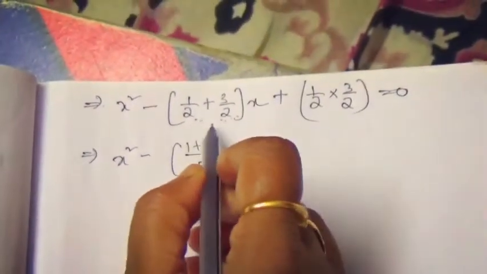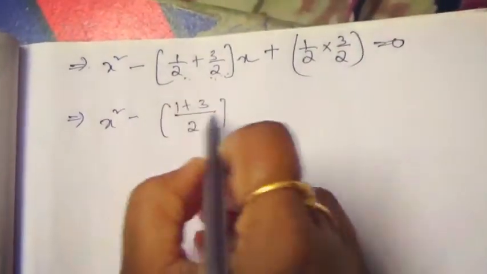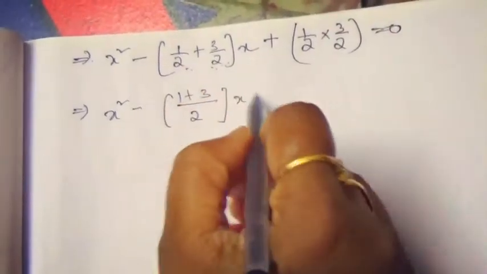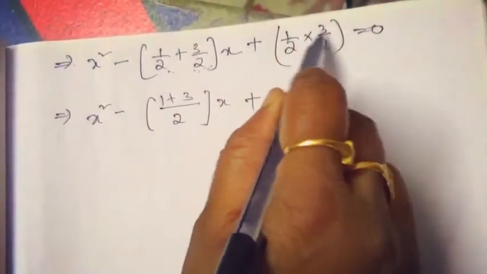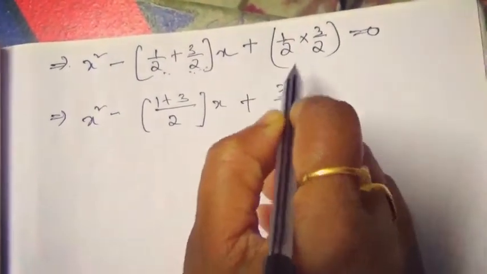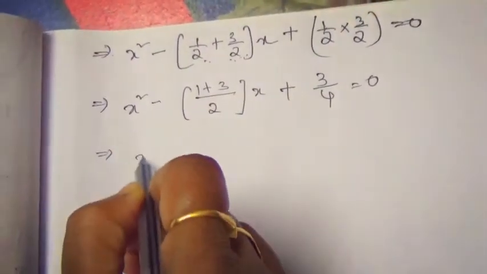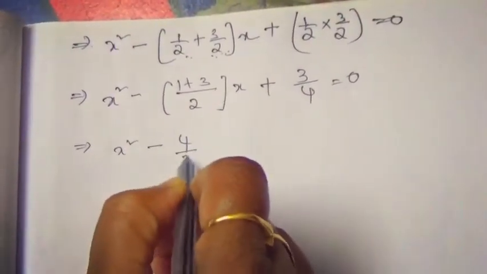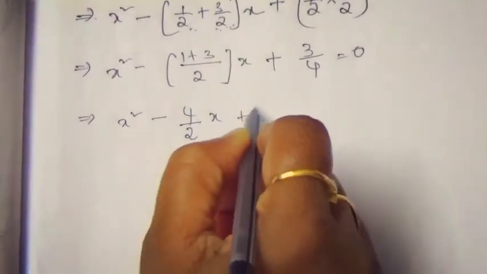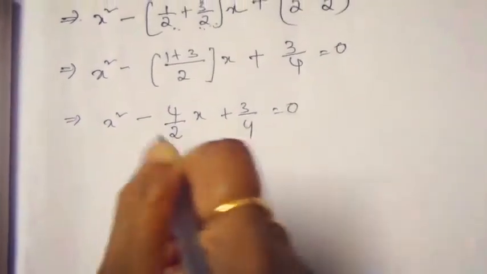Of these 2 we have the denominator as same, hence I am adding the numerators. So multiply these 2. 1 times 3 is 3, by 2 times 2 is 4. That is equal to 0. That is equal to x square minus 4 by 2 x plus 3 by 4. That is equal to 0.